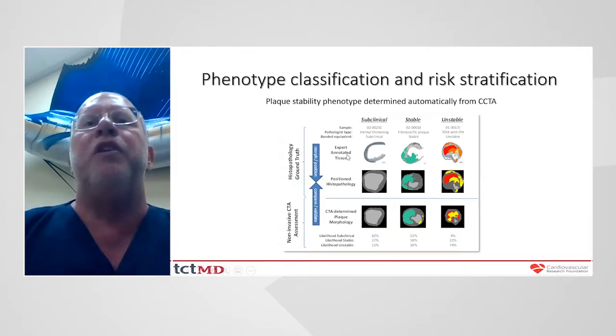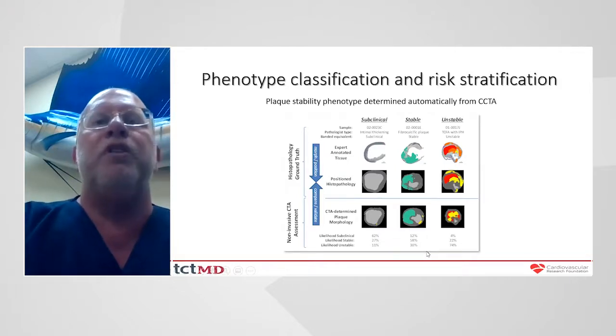And based on these features and based on the algorithm's knowledge of histopathology, it would give you a risk ratio for each of those plaques. Obviously, for the thin cap fibroatheroma, that risk would be exceedingly high, 74% in this case, that this plaque would be unstable, whereas the more fibrous calcific plaque obviously has a much lower risk of being unstable with 30%.